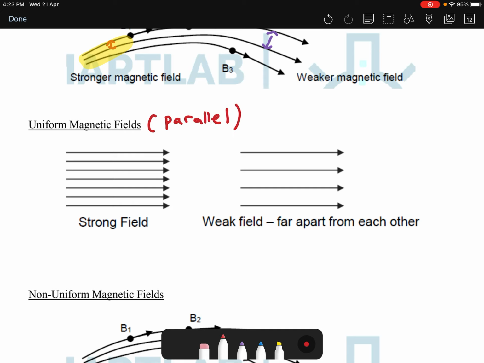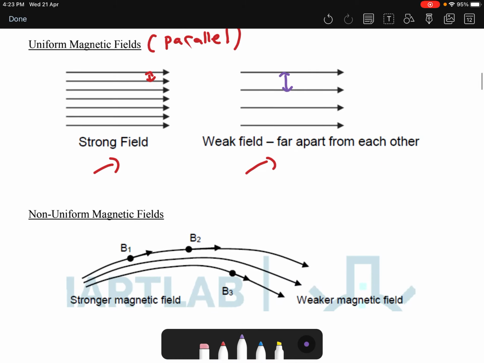Of course, in a region of magnetic field there can be strong field and weaker field, but the commonality between these two diagrams is that the field lines are parallel to one another. The only difference is that because this is stronger, the field lines are closer to one another as compared to the second diagram, which is further away from one another.